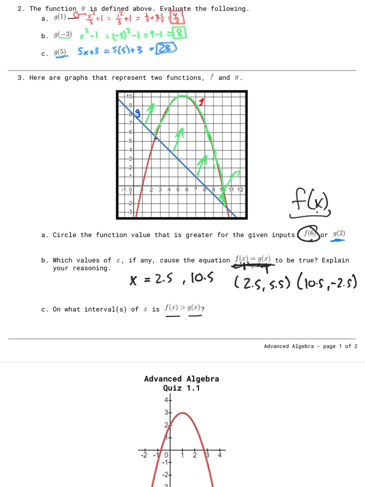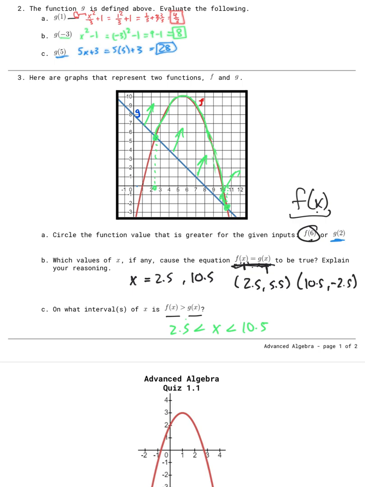Now, on what interval? Well, we can see what the x value is when that happens. It looks like it's between 2.5 less than x and x less than 10.5. So how did I come up with that range? That's actually when they intersect.